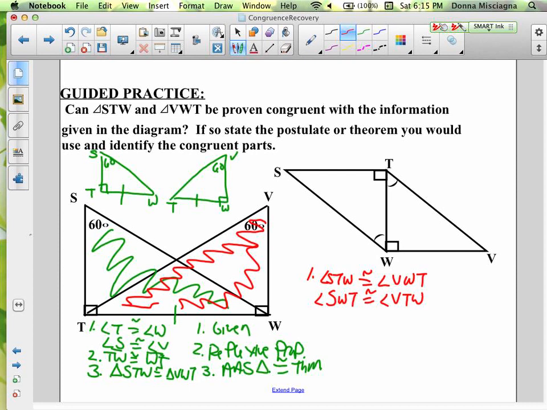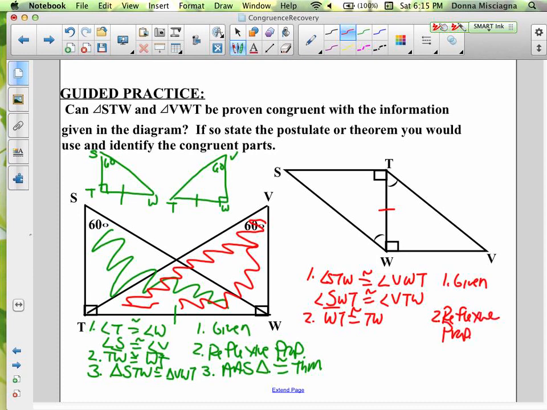All right, so one's the right angle and one's the other angle, and that is given. And then notice they share this part, right? So WT is congruent to TW. That's the reflexive property.